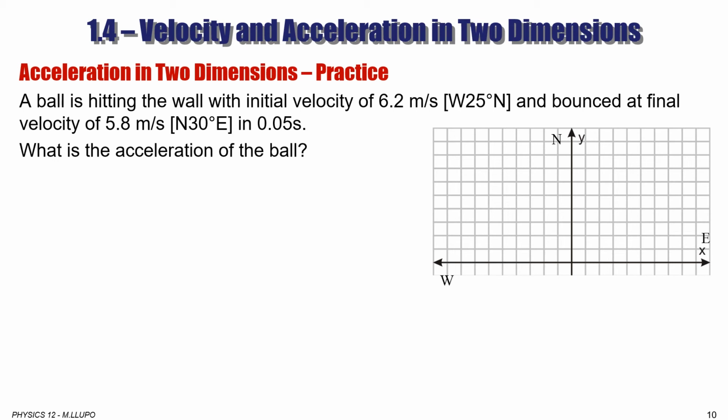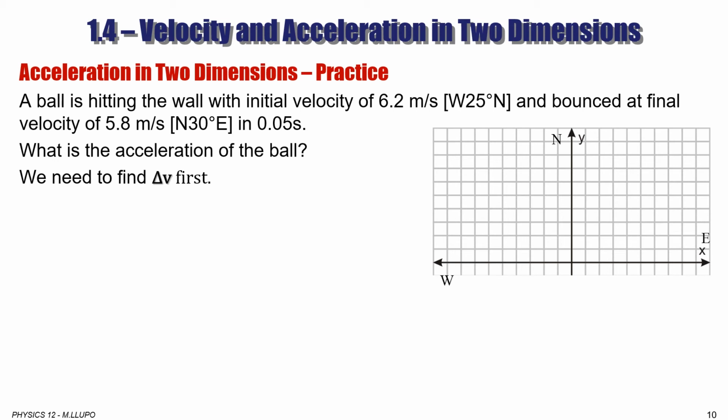What is the acceleration of the ball? In order to find the acceleration, you have to find the change in velocity, because after that, everything is easy. You just divide it by time. But let's focus on finding change in velocity, because it's two dimensions and is not that easy.